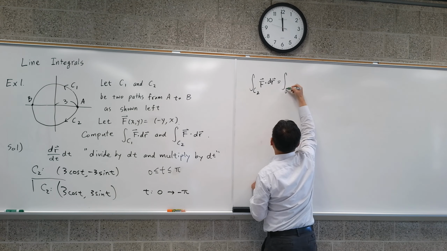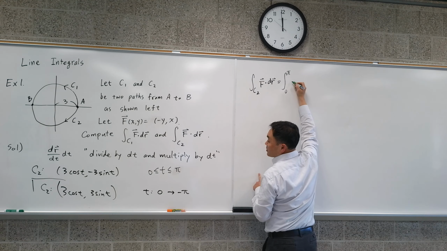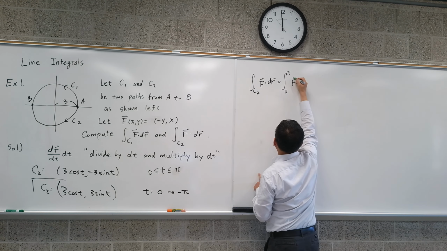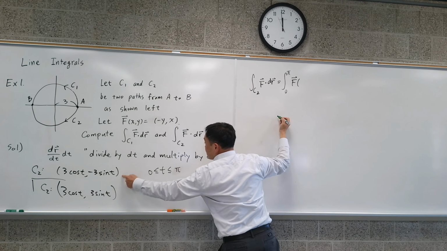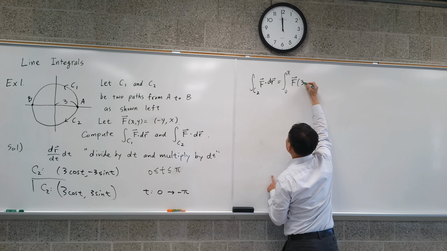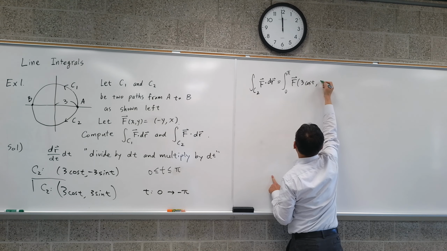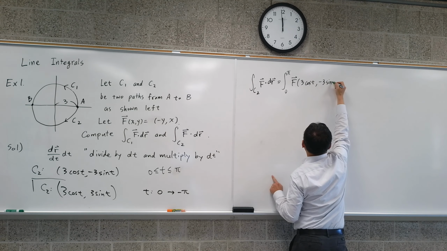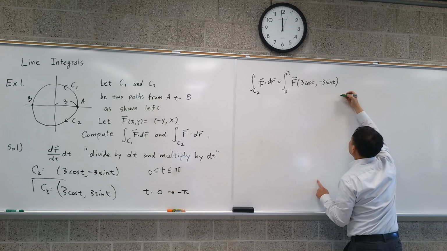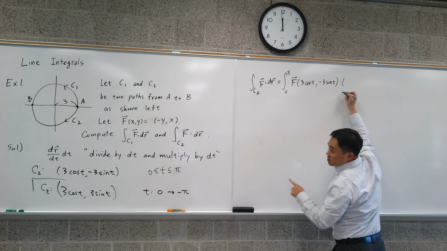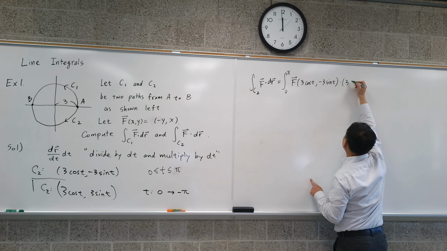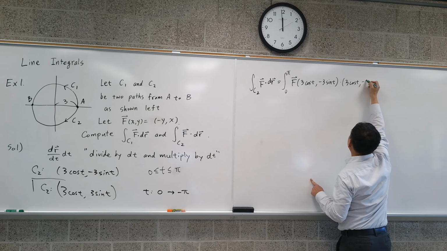So again, you go from 0 to pi, and then f evaluated at here is what we need. 3 cosine t, negative 3 sine t, and then dotted with 3 cosine t, negative 3 sine t.